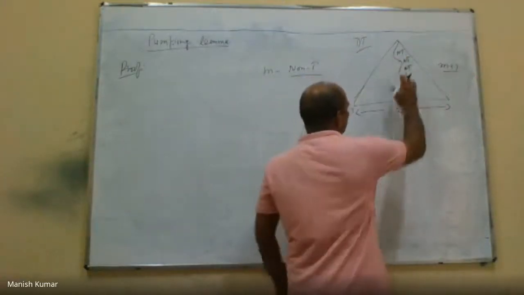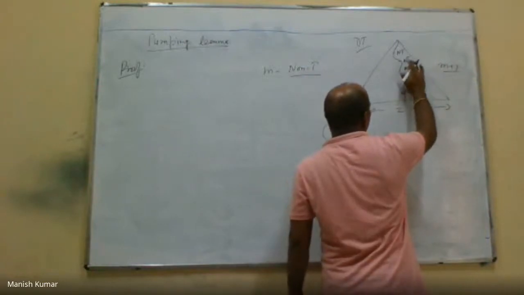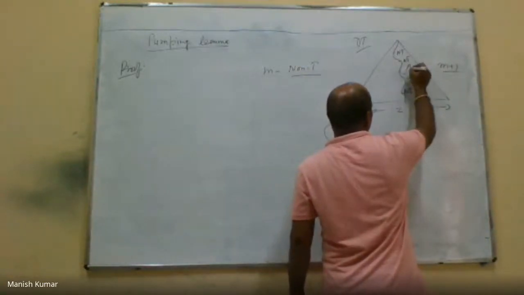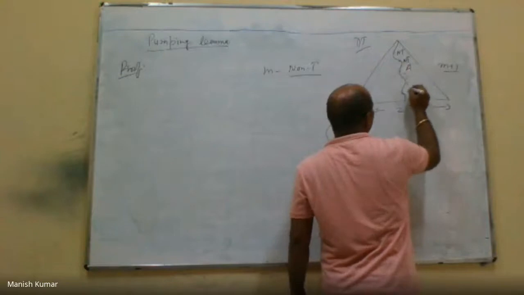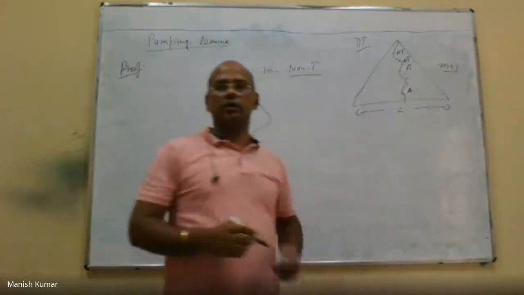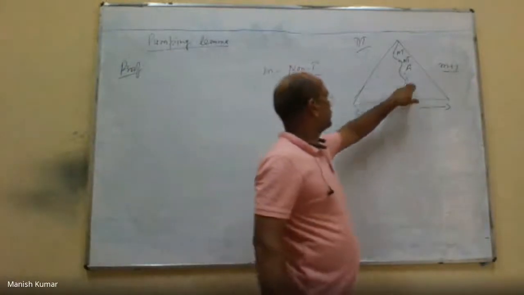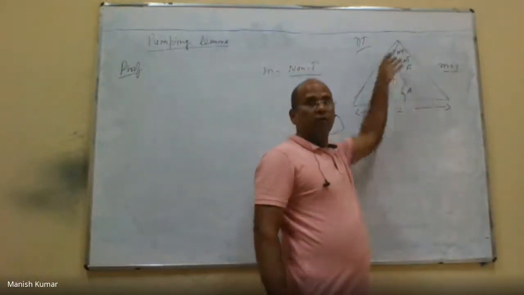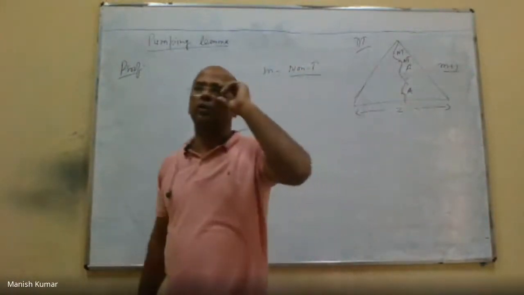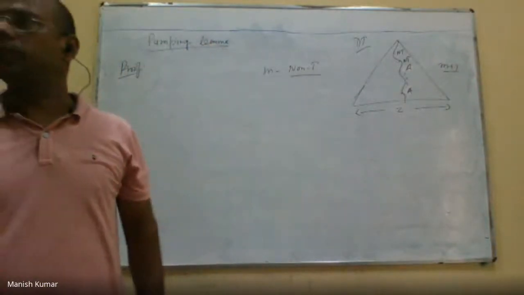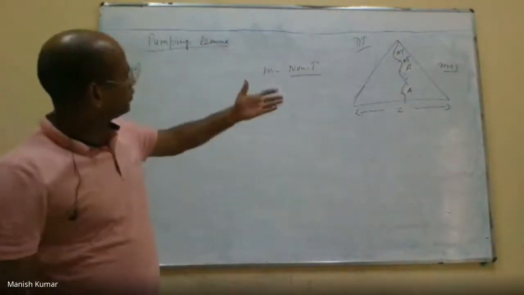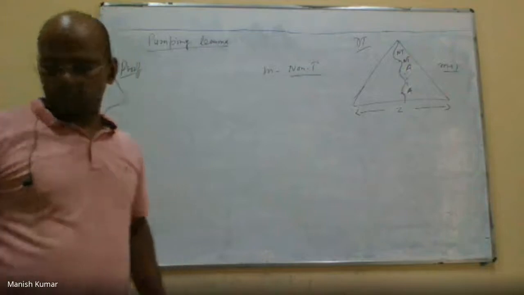What I mean is that if A is here, there is a possibility that A may appear in two places, at this place and at this place. If that holds, then m plus 1 non-terminals involvement will be there. So with this, we'll move forward.